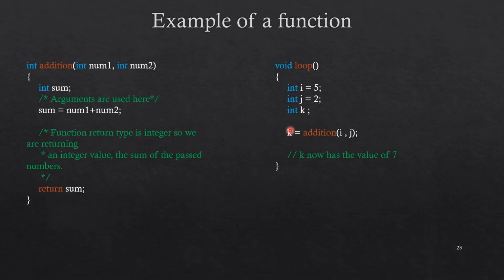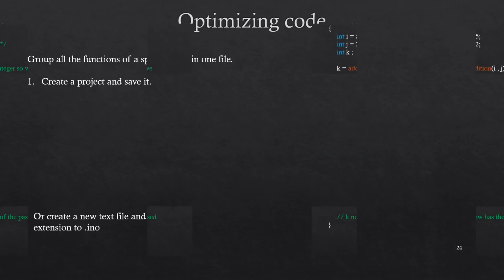Now, k will have the result that the addition will return. The addition will take the values of i and j, which are 5 and 2, and goes right here. And then it will do those statements, which will sum those both numbers together. And then it will return the result. That result will be assigned to k. So here, k now has the value of 7.